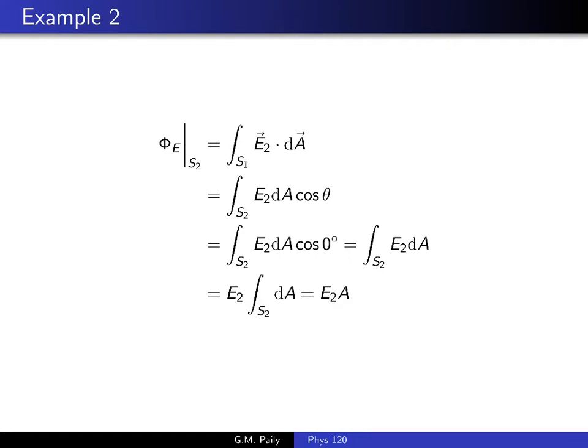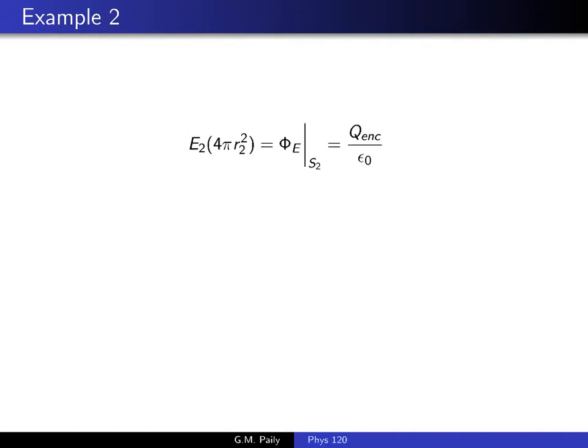Again, using symmetry, we can say that E2 is constant along the surface S2, and so it can be pulled out. And finally, the integral simplifies to E2 times A, which is E2 times 4 pi times R2 squared. This is the left-hand side of Gauss's law, and now we evaluate the right-hand side.